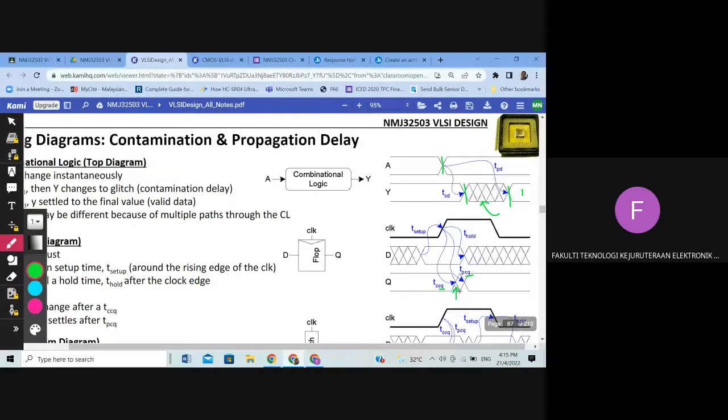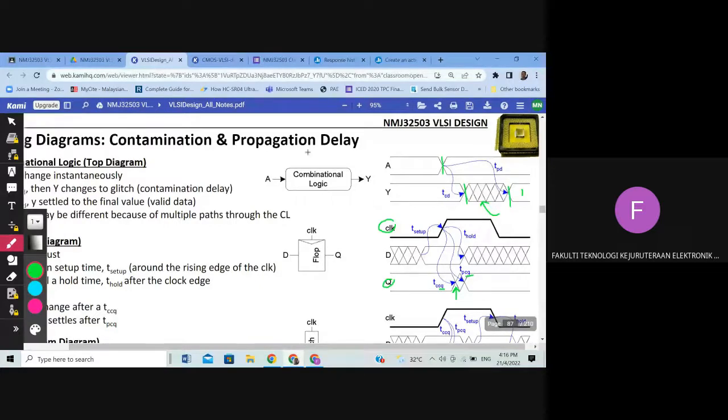In this case, CQ, so from the clock here to the Q. Same as TPCQ, from clock to Q output, but for the permanent change of the output. This is the initial change, contamination delay. Propagation delay is the permanent change. So that's the difference.